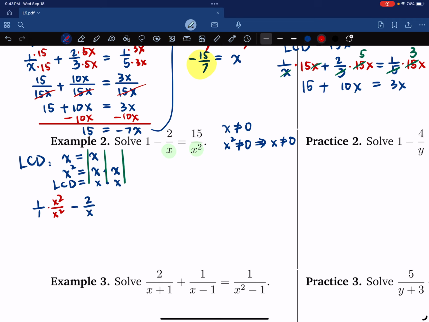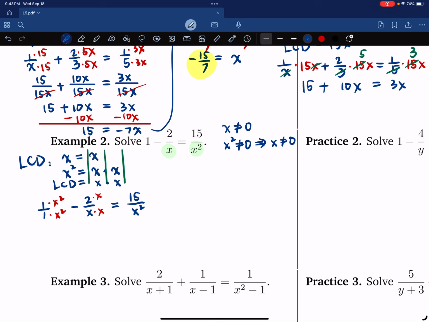It is missing x on the bottom, so I'm going to multiply both the top and the bottom by x. Okay. And then on the right-hand side of this equation, we don't need to do any transformation because the denominator is already LCD x squared.